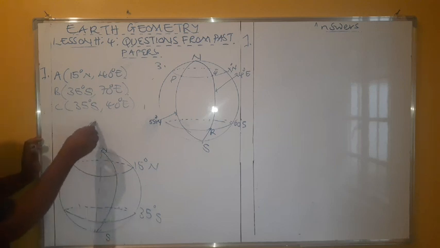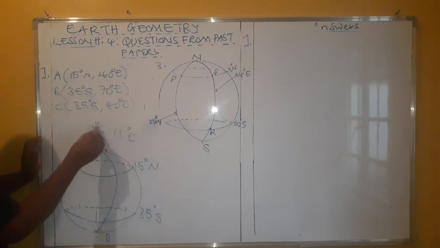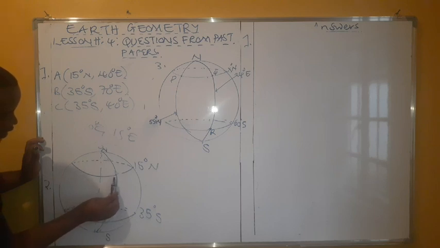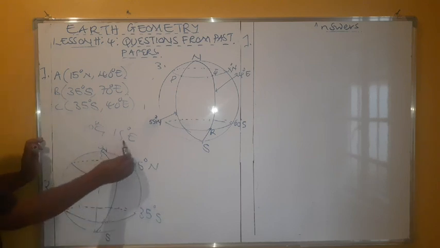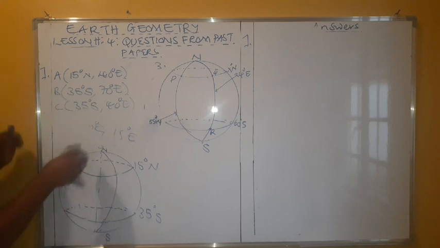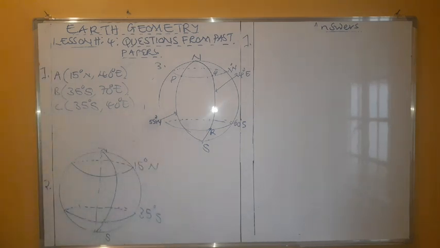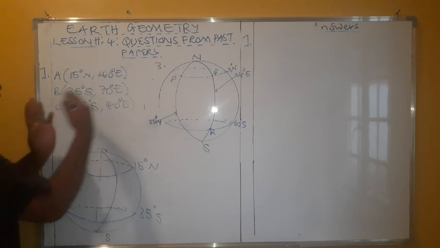If you have 10 degrees and 15 degrees, all of them are on the eastern part, so you increase as you go outside. So we take note that we have 2 longitudes here, 40 degrees and 70 degrees, both on the eastern part.